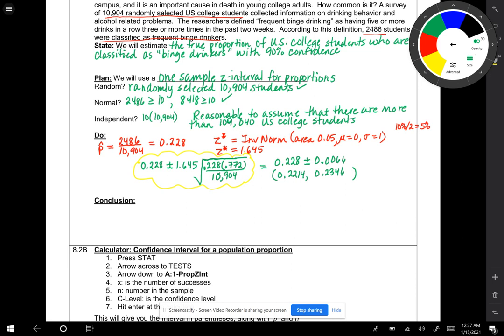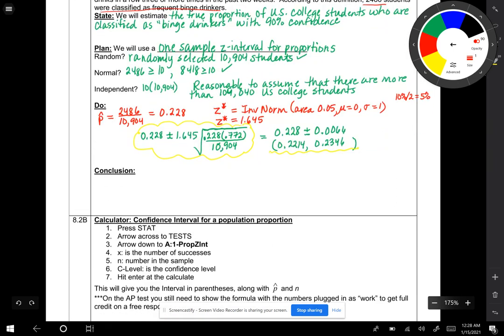Okay, so a little note here: why is this interval so much smaller than the previous one? Well, the reason is that the sample size is large. So the big sample size makes the interval smaller and the margin of error smaller as well. So it might be something worth writing here.